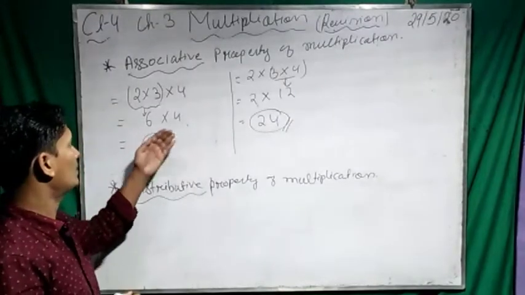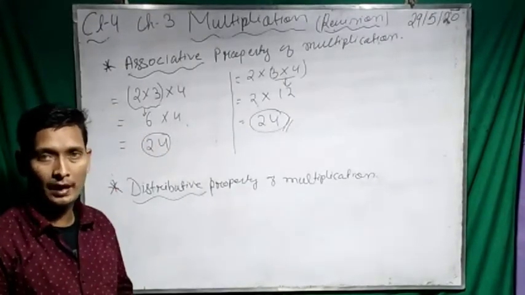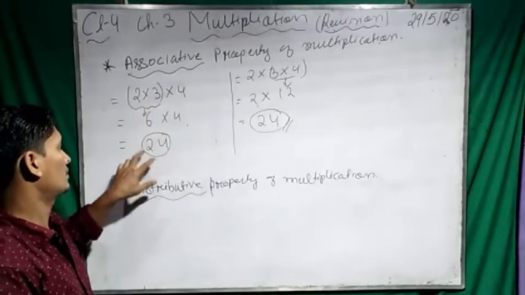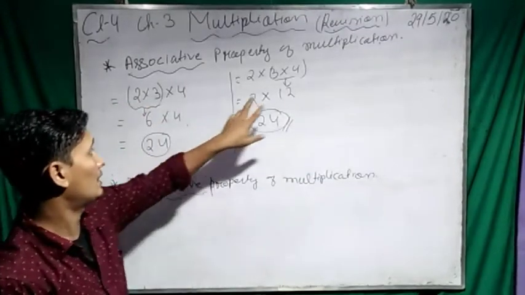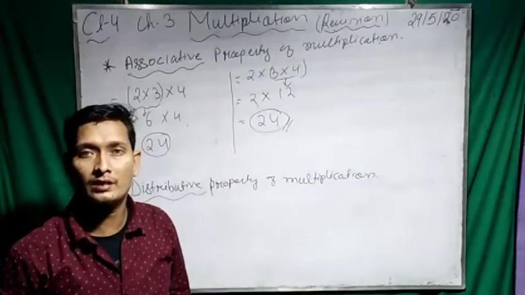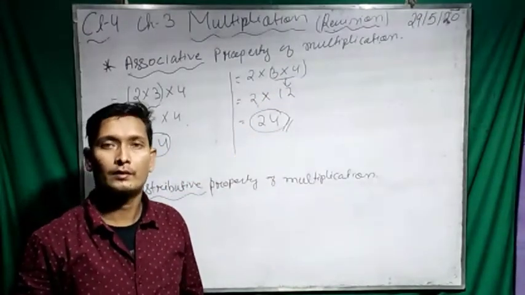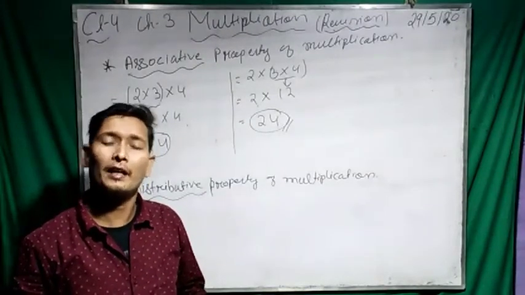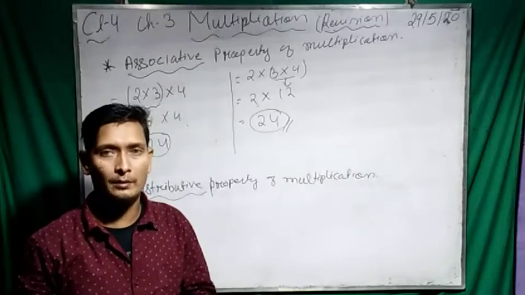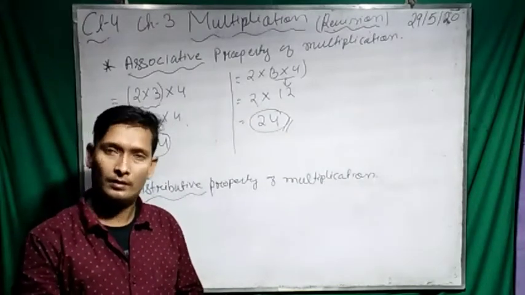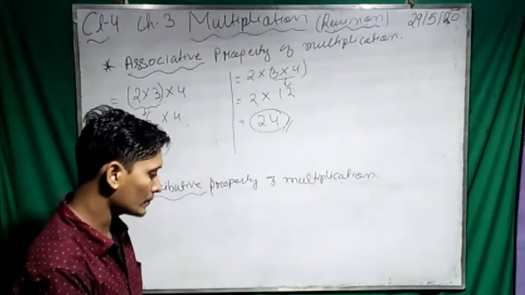Even if we change the way of multiplying 3 numbers, first 2 numbers, then also the answer is 24, and here the last 2 numbers, then also the answer is 24. So this is the associative property of multiplication. We can multiply any 2 numbers first, and then whatever product we get, we will multiply with the remaining number. Got it? Okay.